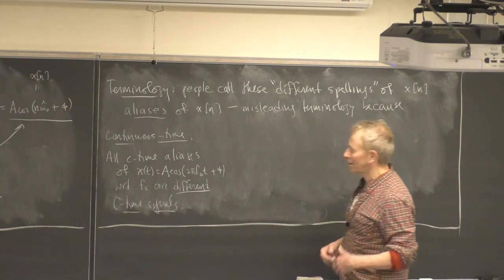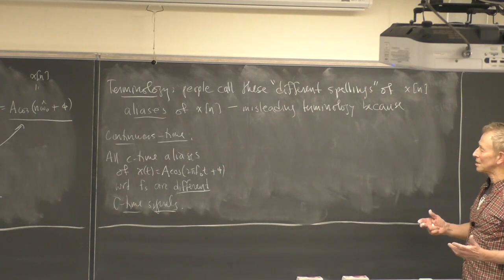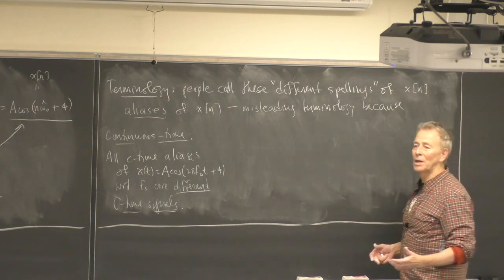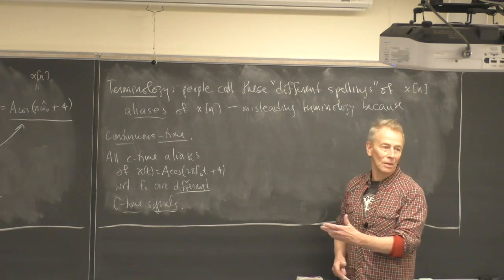And why they are aliases of each other is because if you sample any of them at f sub s, you get the same discrete time signal out.